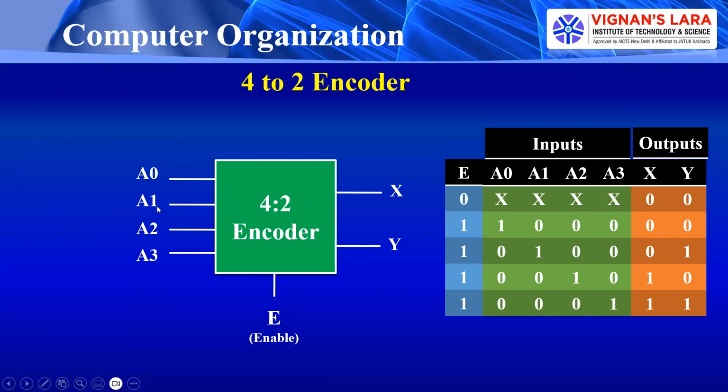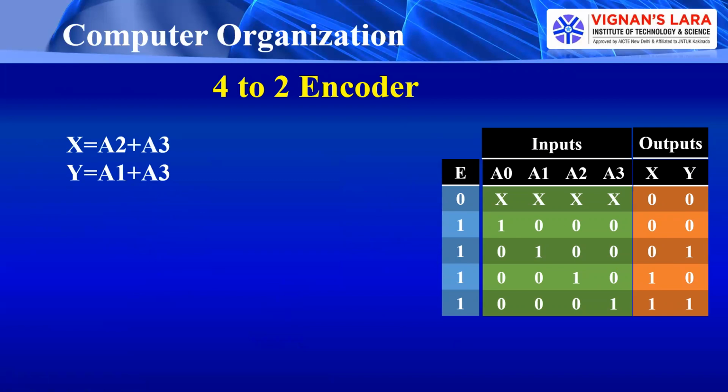If I select A1, that is A1 is 1, remaining all are zeros, then the A1 binary code is produced at the output XY, that is 0, 1. If A2 is selected when the enable signal is active, the A2 equivalent binary code is present at the output of the encoder, that is XY equal to 1, 0. Similarly for A3, the code produced by the encoder is 1, 1.